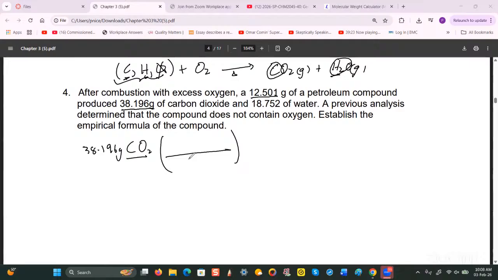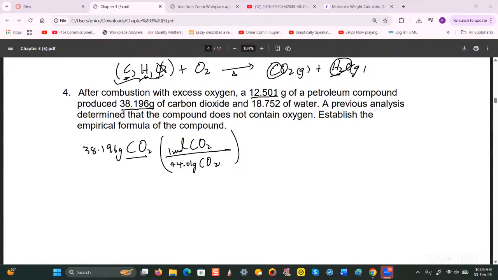I'm sorry, I just made a mistake. The first thing we need to do actually is to find the molar mass and find moles, right? So the molar mass of carbon dioxide is 44.01 grams, right? So 44.01 grams of CO2 down here, and up here we're going to have 1 mole of CO2, right? So that's the first thing, right? You need to find the moles of carbon dioxide.